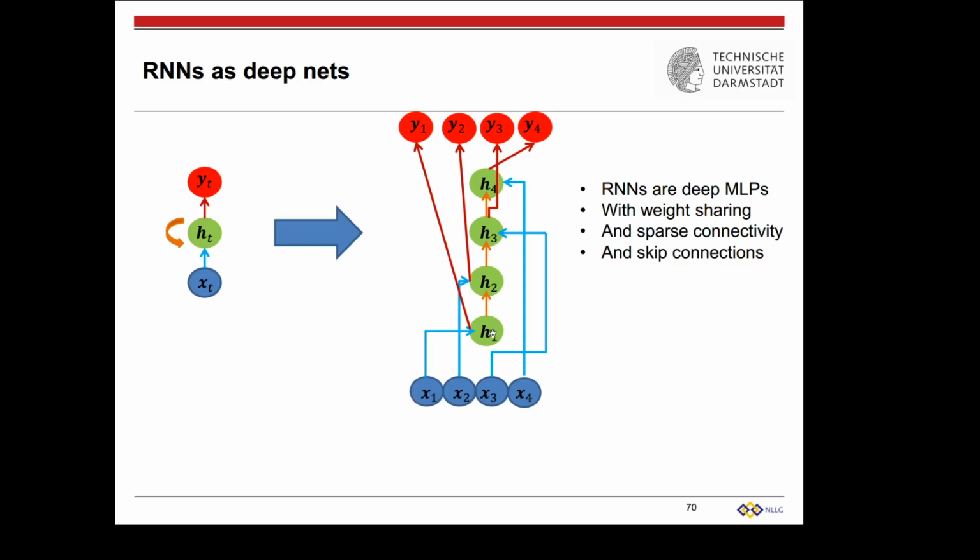So the first input goes to the first hidden layer, the second input goes to the second hidden layer, the third input goes to the third hidden layer. But basically it's still a multi-layer perceptron. It's just deep. How deep is it? It's exactly as deep as the length of the input, right? So RNNs are deep nets, and if the distance between 2 hidden layers is big, then this hidden layer does not influence the next hidden layer.